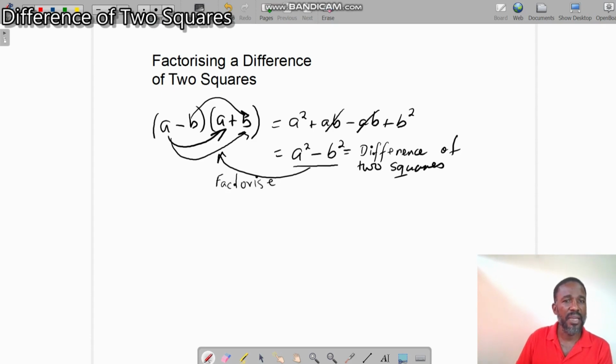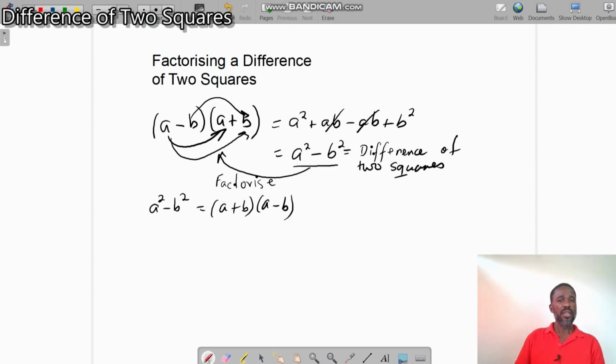Therefore, if we are to factorize a squared minus b squared, then the answer is supposed to be equal to a plus b times a minus b. And the order in which we write, whether it's plus or minus, doesn't matter, since we are multiplying and multiplication is commutative.